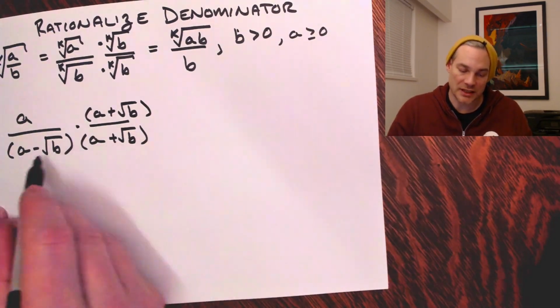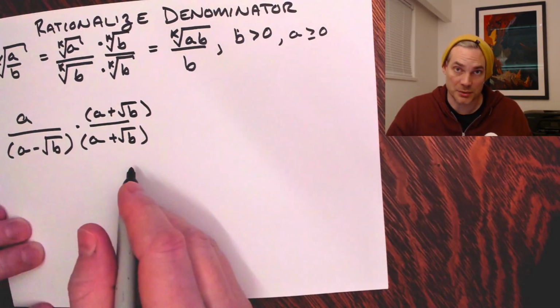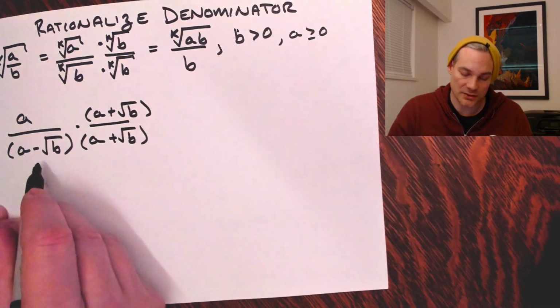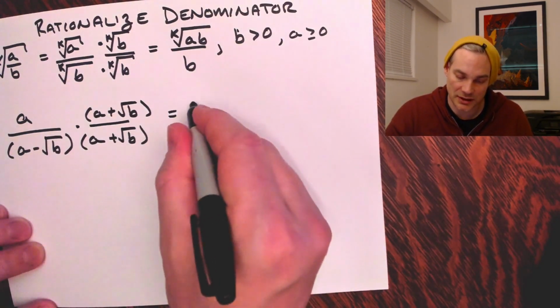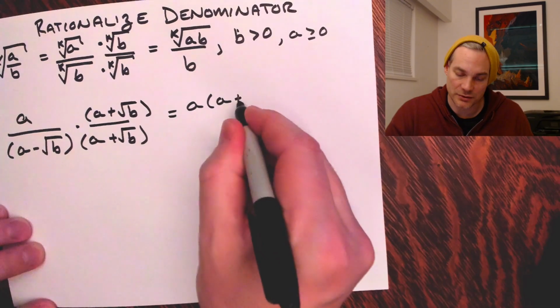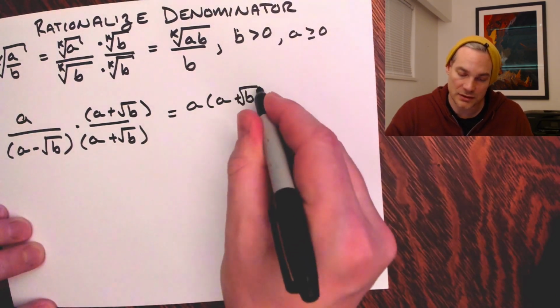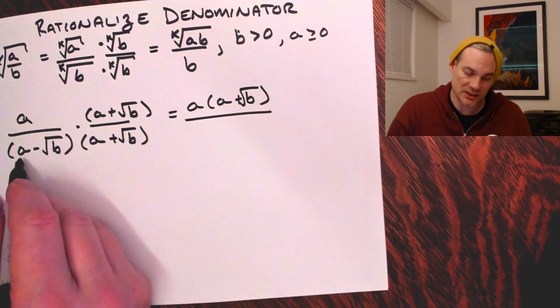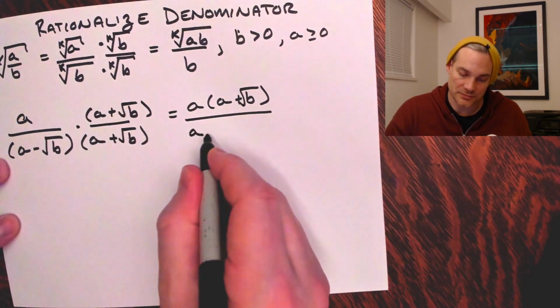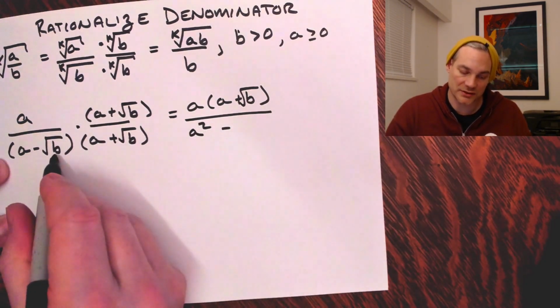When I multiply this out, we can see it's just a difference of squares. The difference of squares gives us this really straightforward thing, which is a squared minus whatever's in the radical.